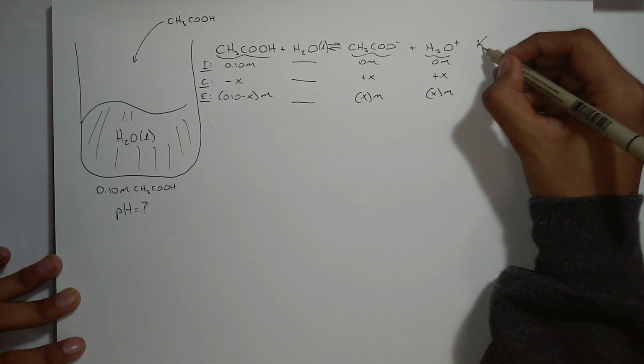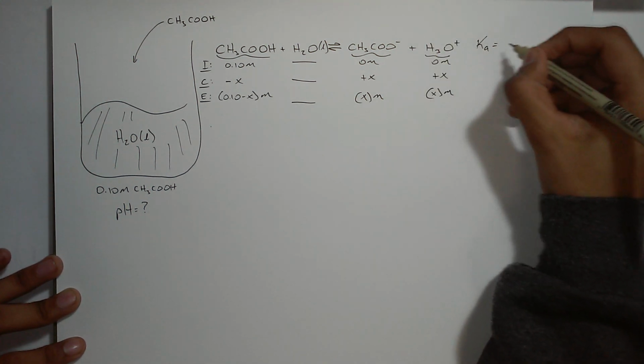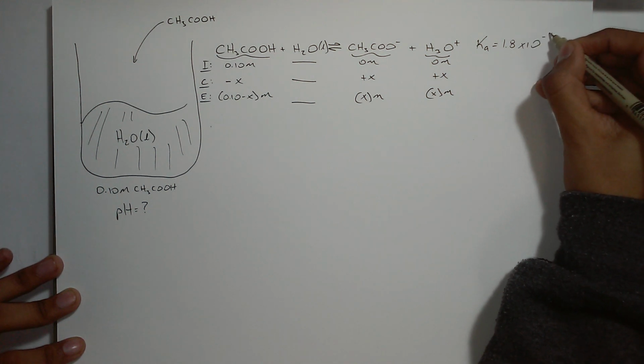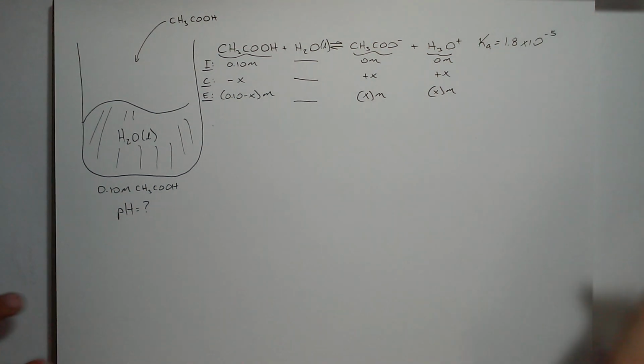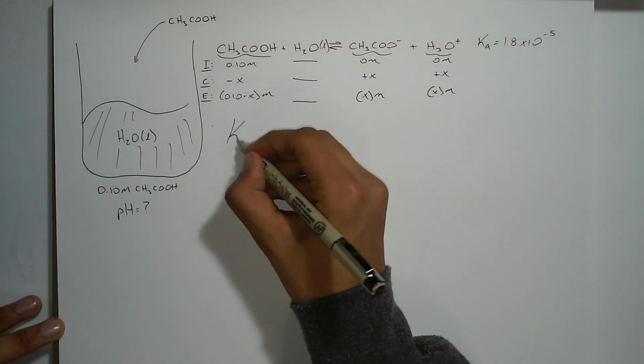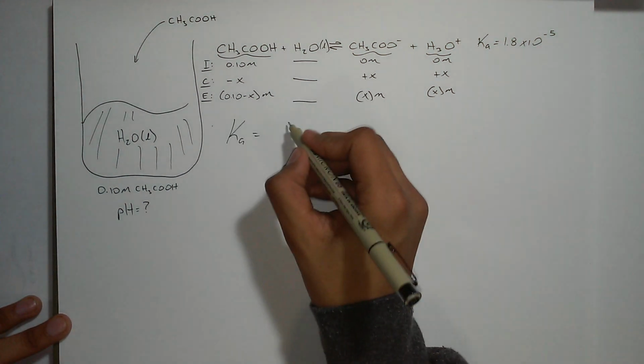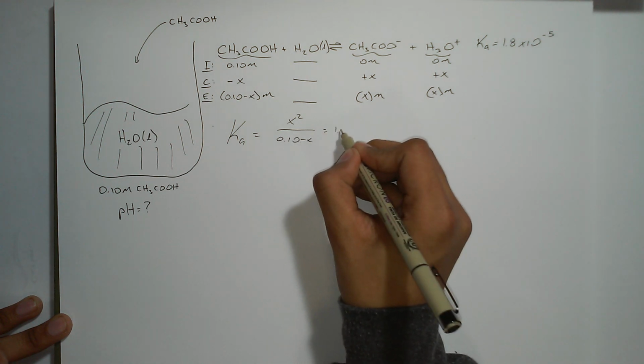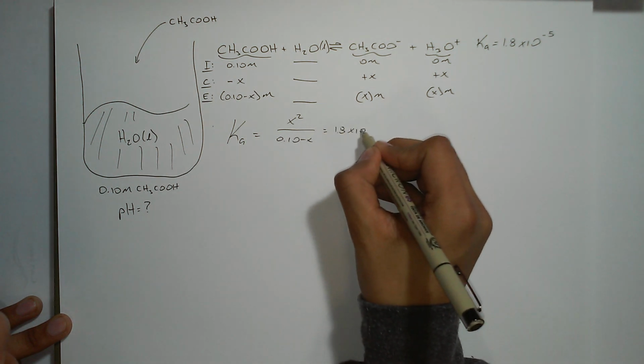Typically it'll give you the equilibrium constant for this equation, 1.8 times 10 to the negative 5. Then you just solve for the value of x: x squared over 0.10 minus x equals 1.8 times 10 to the negative 5.